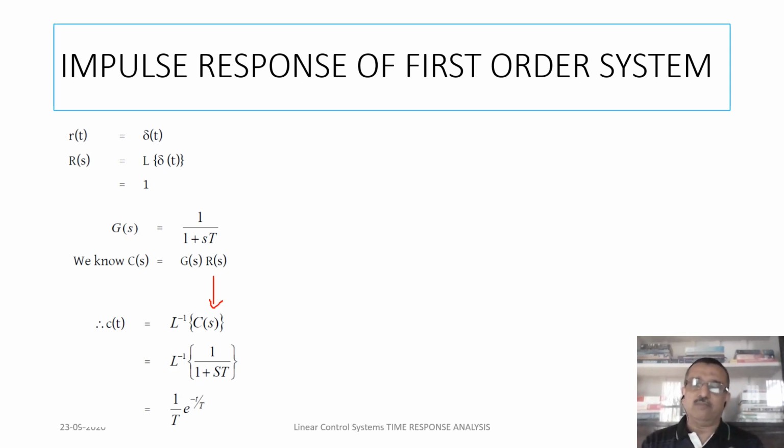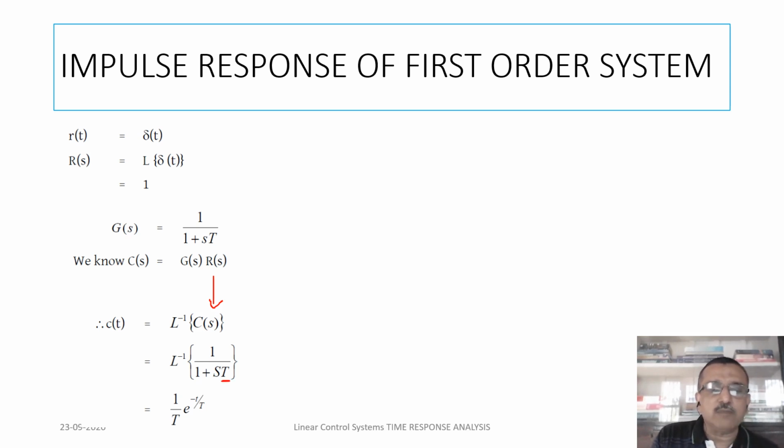For those who have forgotten, I'll remind you, one of the basic inverses you should know: L inverse of 1 by s plus a is e power minus at. L inverse of 1 by s plus 2 is e power minus 2t. L inverse of 1 by s plus 5 is e power minus 5t.